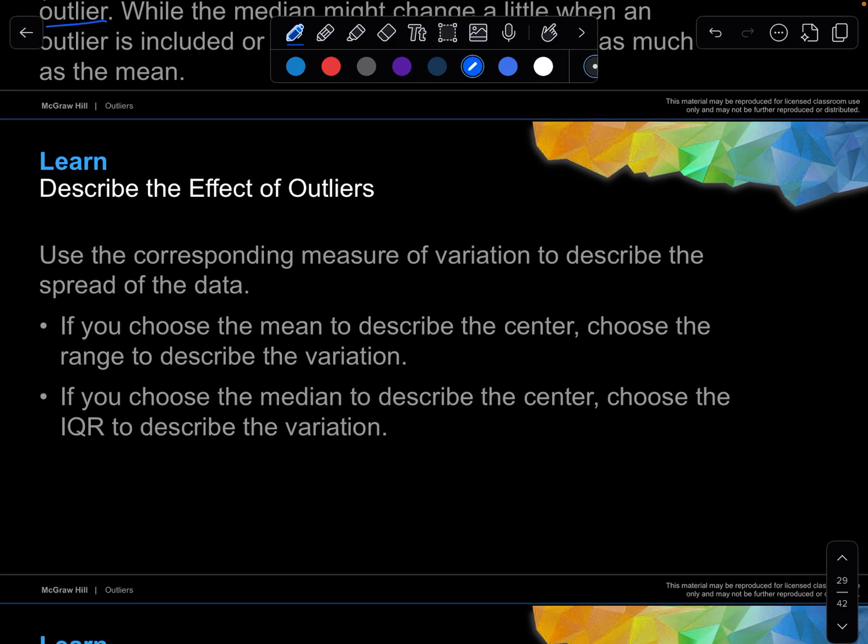Again, when we look at the spread of the data, if you choose the mean to describe the center, you choose the range to describe the variation. If you choose the median to describe the center, you choose the interquartile range.